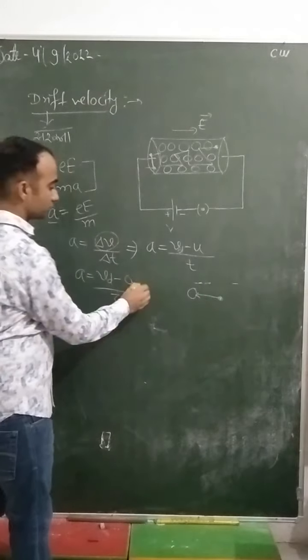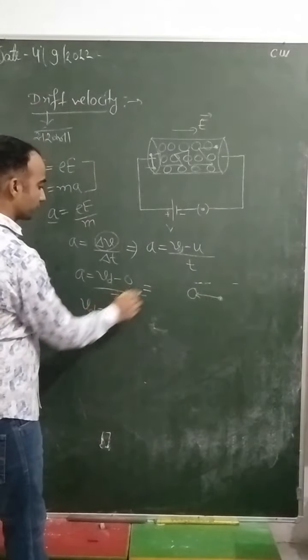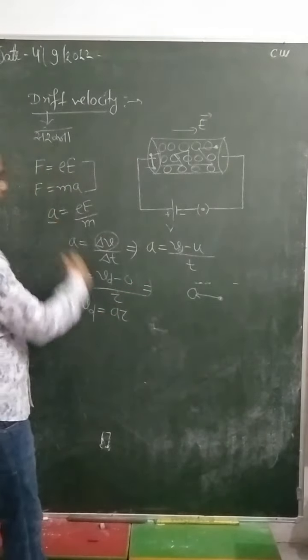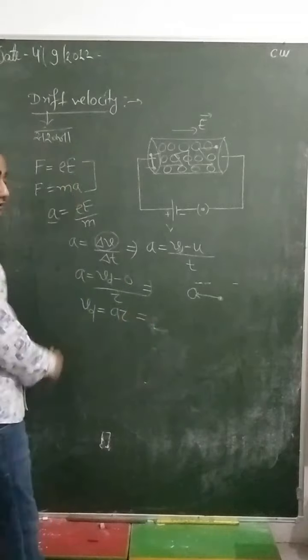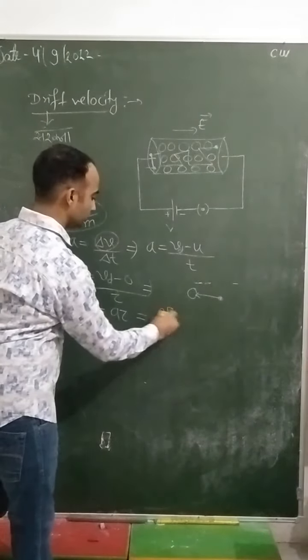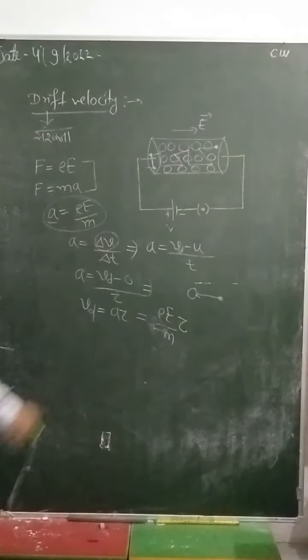Now a is equal to vd upon tau. So what will be vd? Drift velocity is equal to a into tau. Tau is the time of relaxation, and acceleration we know is a equal to qE upon m, multiplied by tau.